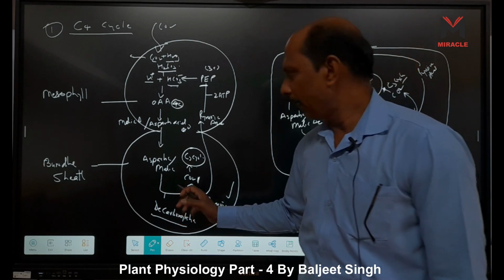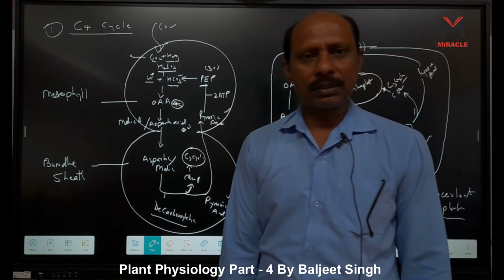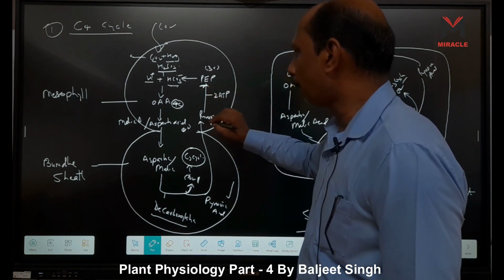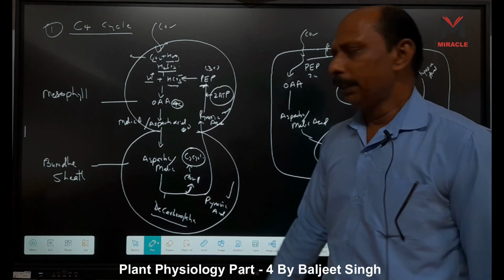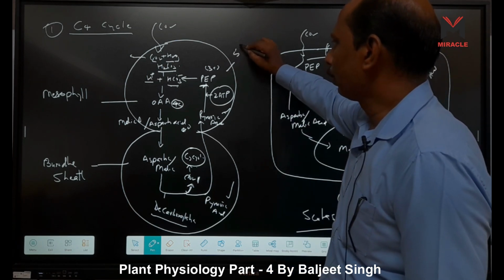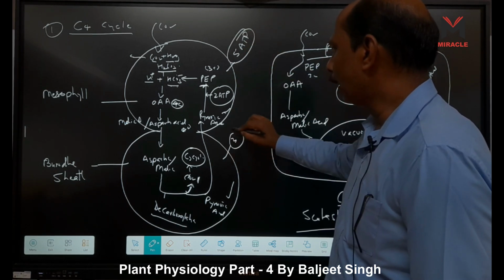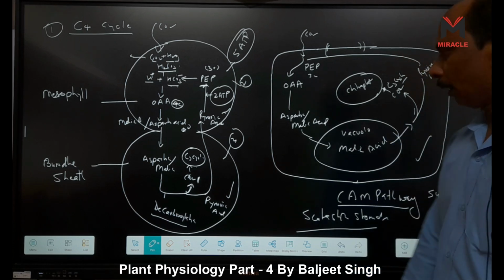This pyruvic acid is transported back to the mesophyll cells. In the mesophyll cell, this pyruvic acid is converted into phosphoenol pyruvate by using 2 ATP, right? That means 5 ATP is used here: 3 in the Calvin cycle and 2 in the mesophyll cells, right?